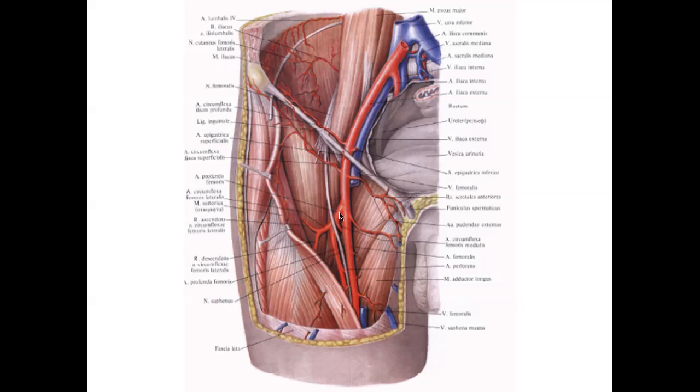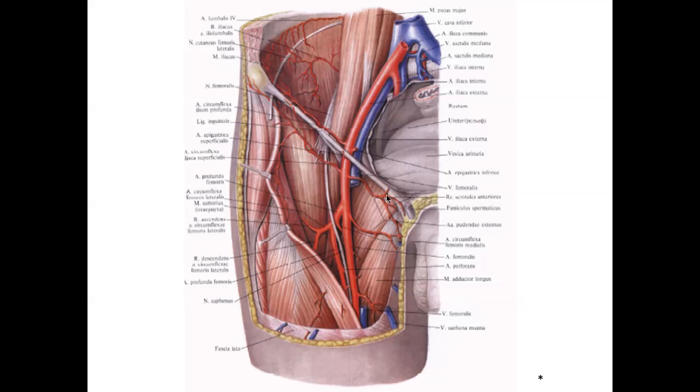Femoralis gives the branch arteria profunda femoris, gives circumflexa femoris lateralis, here it is, and superficial branches which we already know.